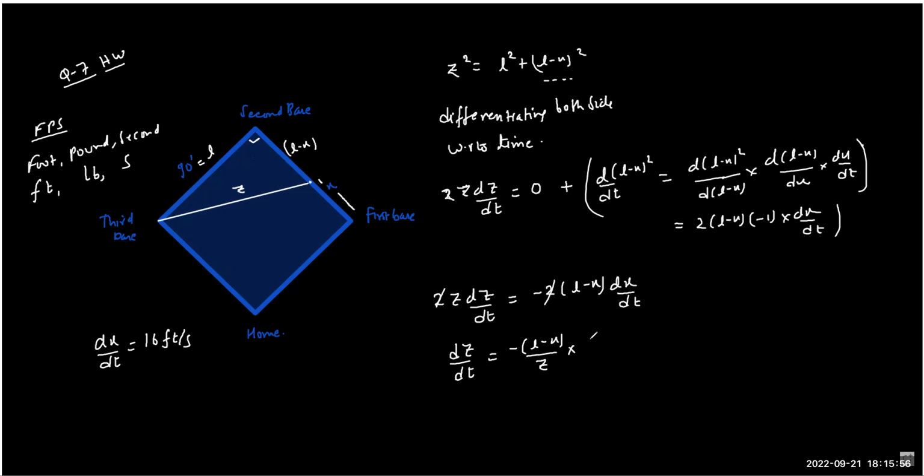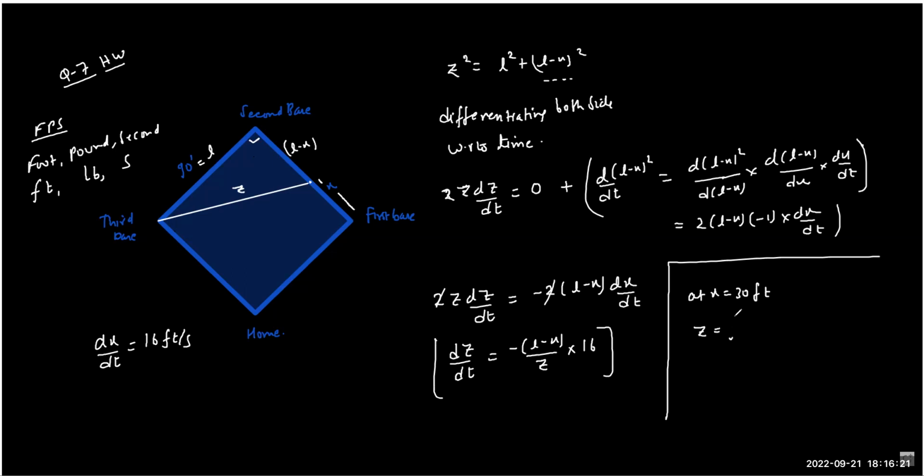That's totally okay. And the question is asking for the answer at an instant when the player is 30 feet from the first base. So X is known to us. To get this answer completely, we need to do one more manipulation. At X equals 30 feet, we need to find Z first.